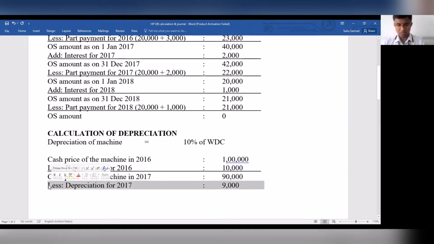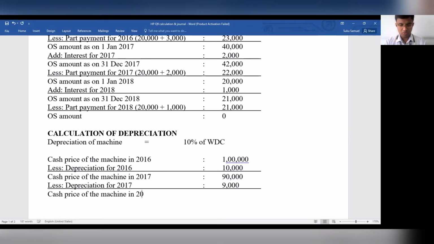Now let us go about with the cash price of machine in 2018. So cash price of the machine in 2018 is 81,000 less depreciation for 2018.